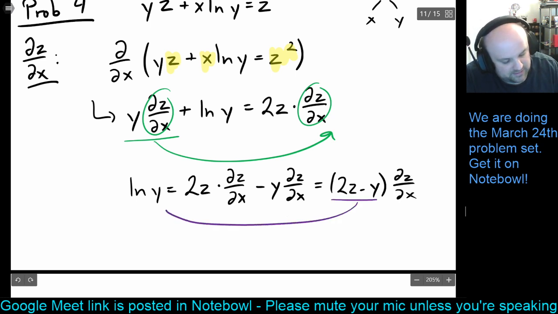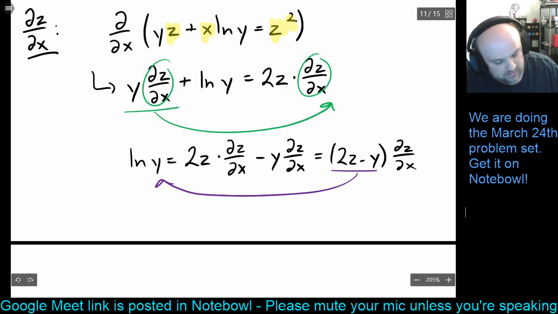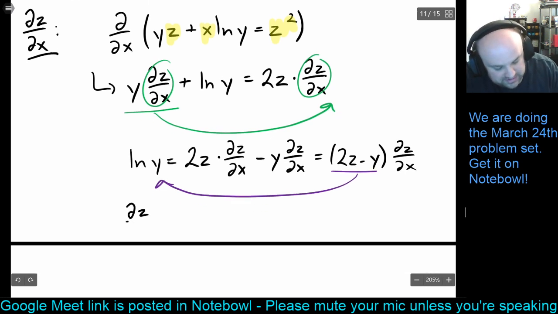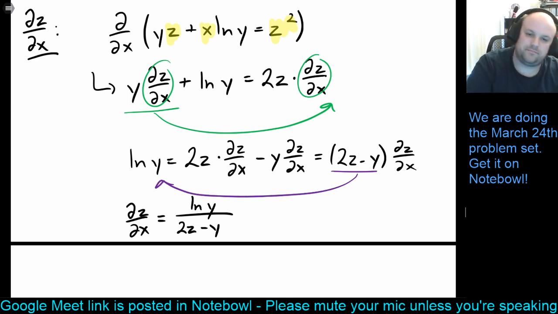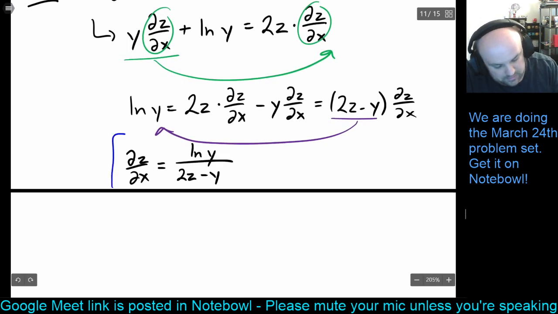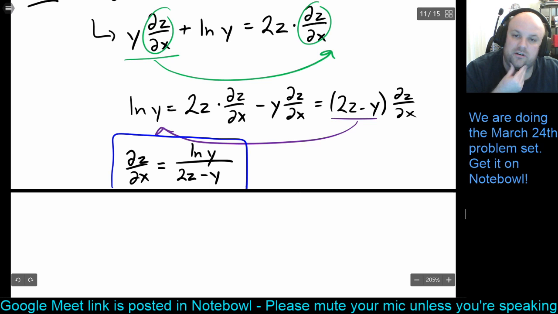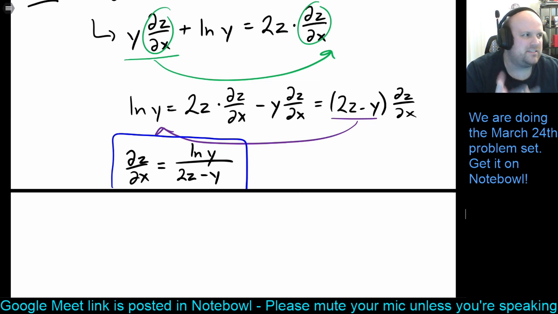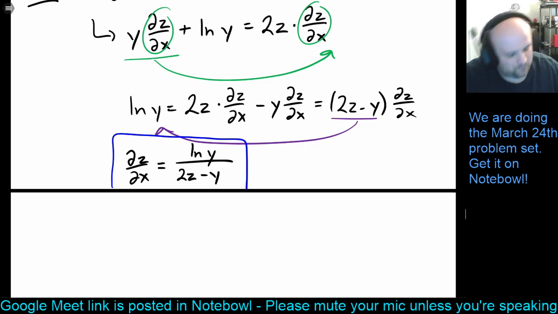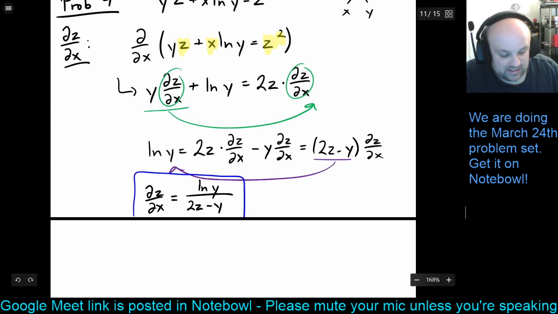Now we're going to take this stuff and move it to that side. dz/dx is now going to be ln of y over 2z minus y. And that's that. That's it for that partial derivative. So hopefully you can see here it's exactly the same thing. It doesn't really differ at all, again, aside from having more letters.